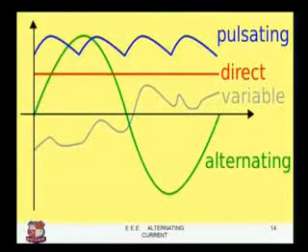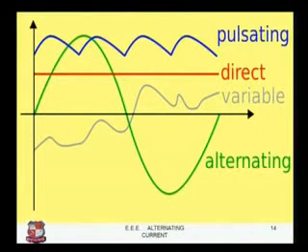This is the diagram which shows the pulsating DC and alternating current, and also the variable quantity. The first blue wave indicates the pulsating DC. As we discussed earlier, pulsating DC means if you change the circuit element, meaning the voltage or the resistance, the magnitude of current will change.